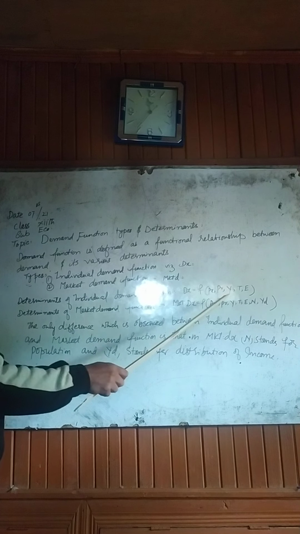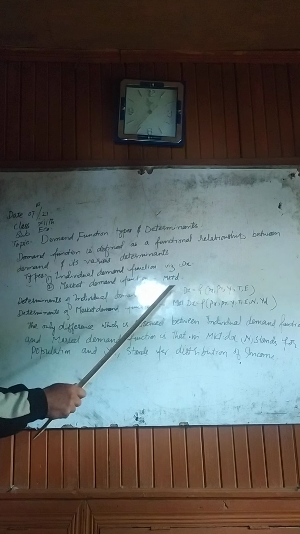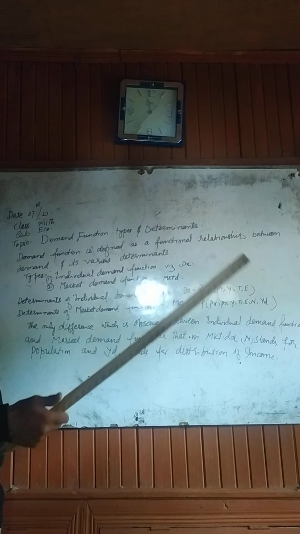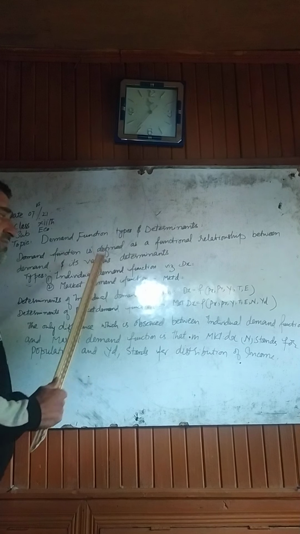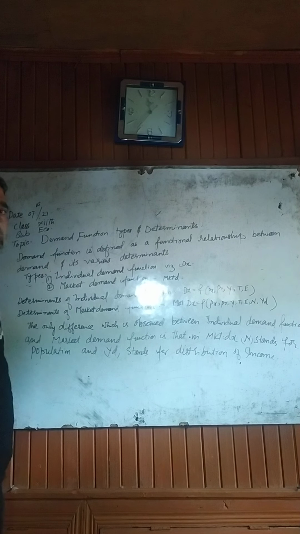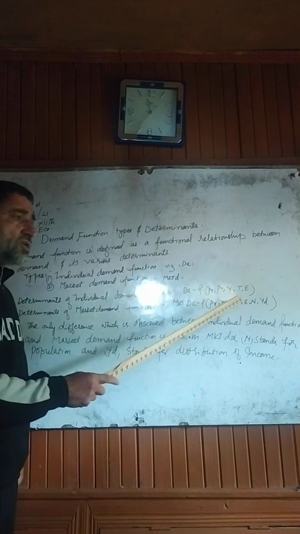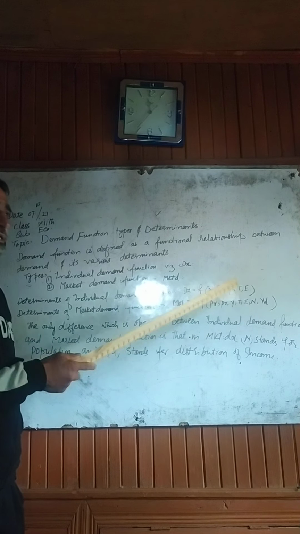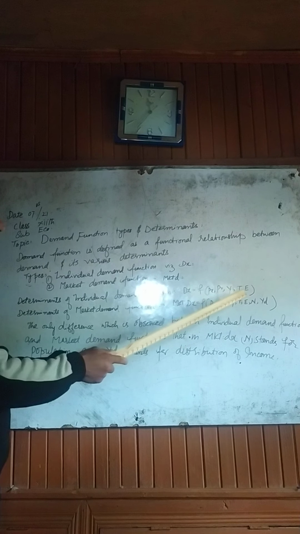Income stands for income of the consumer. If his income increases, he will prefer to buy superior goods rather than inferior goods. Tastes and preferences also depend upon the climatic conditions.